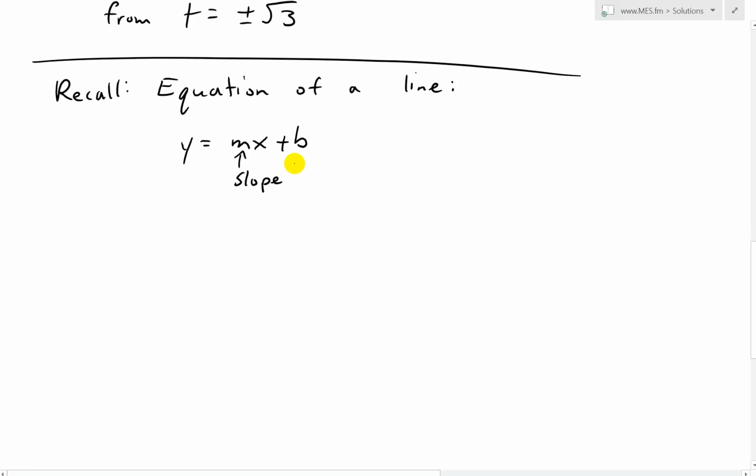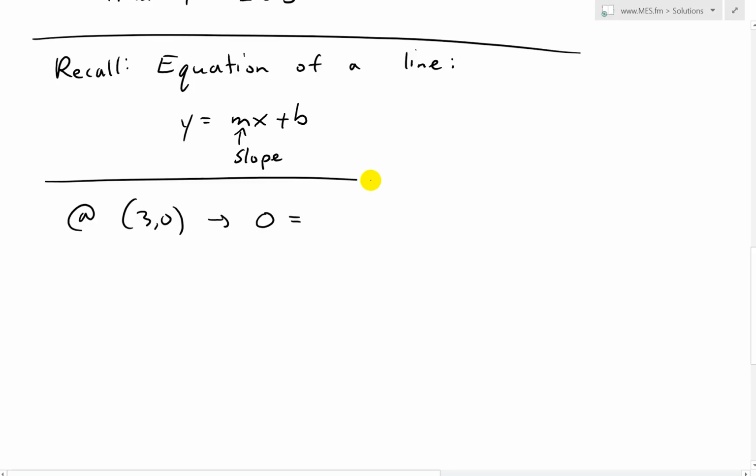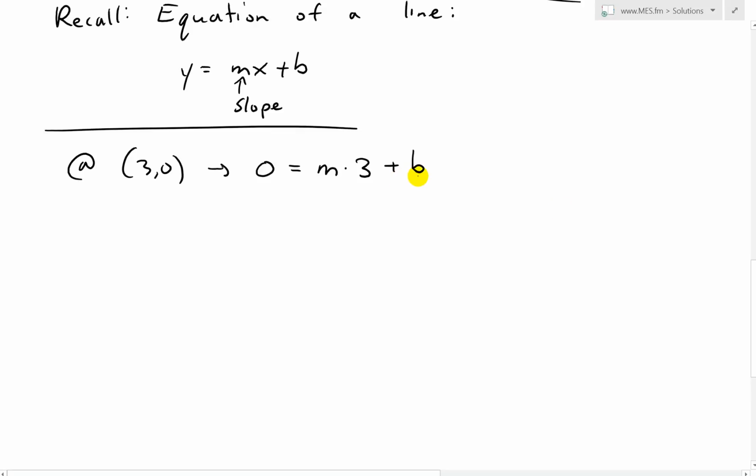At the point (3, 0), y is equal to 0, so we have 0 equals m times 3, that's the x value, plus b. If we rearrange, b equals negative m times 3. That's what this b value is.